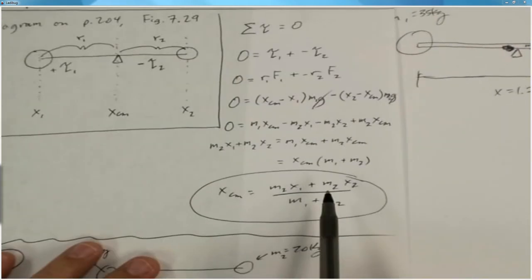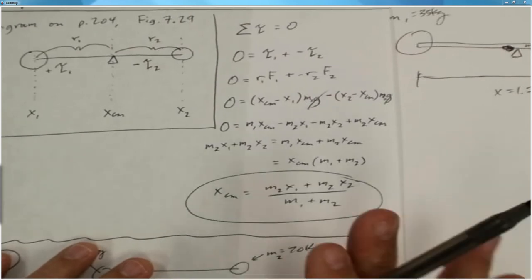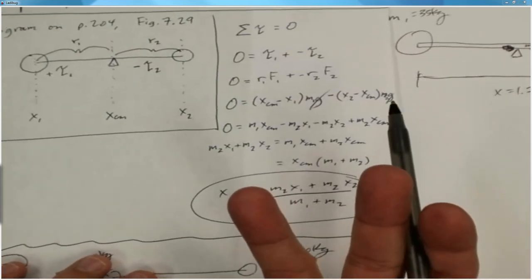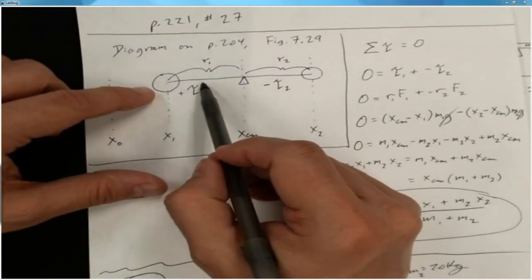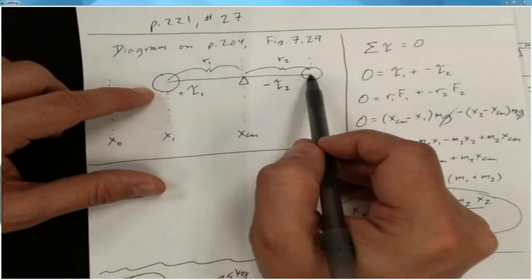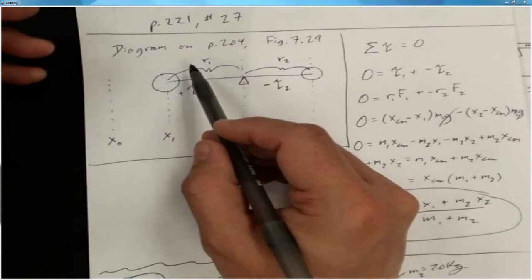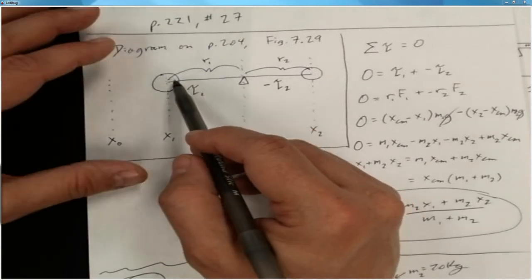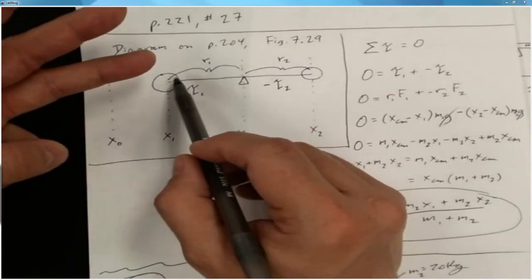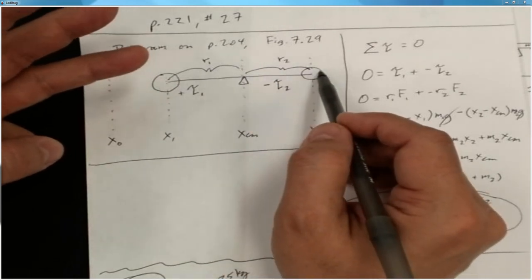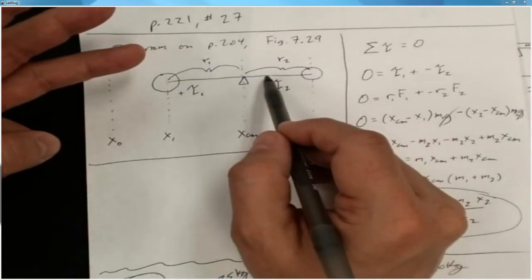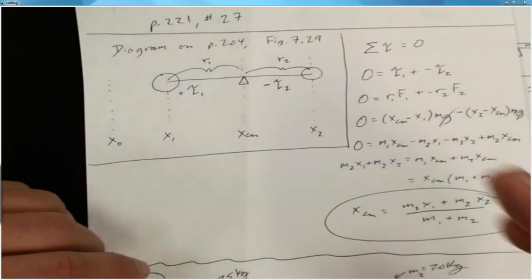This equation here is not going to work because now we have 3 pivoting objects. In the example from the book, we only have 2 pivoting objects. We assume that the pivot bar is massless. But now we have 3 objects that are pivoting: the mass on the left, the mass on the right, and also the bar, which is a pivoting mass.